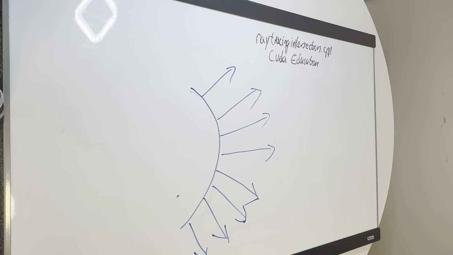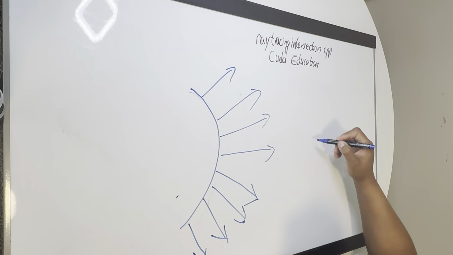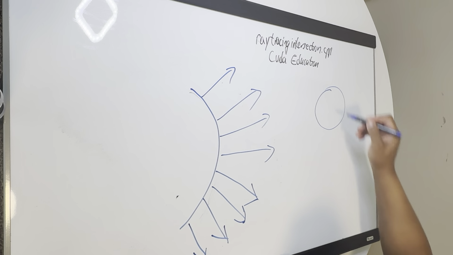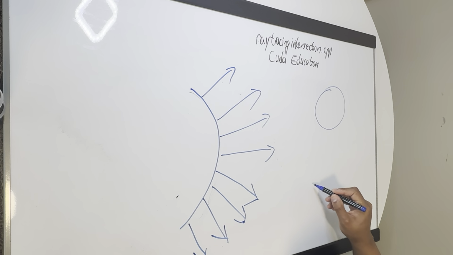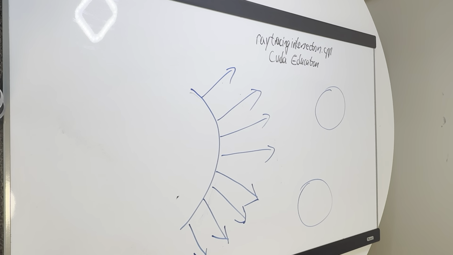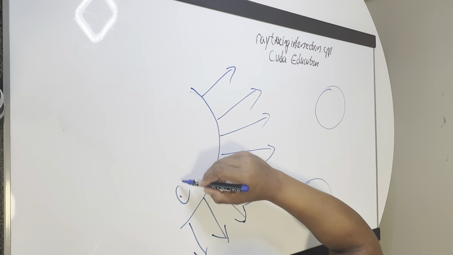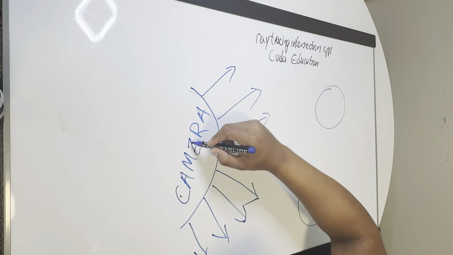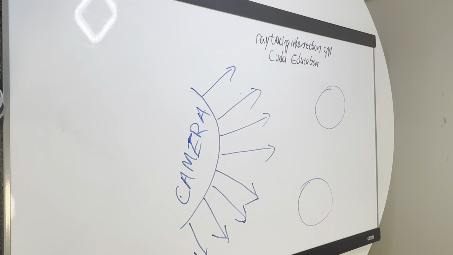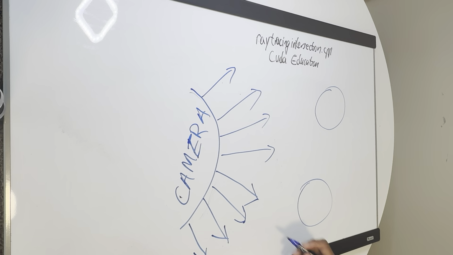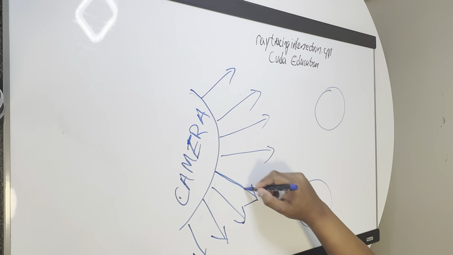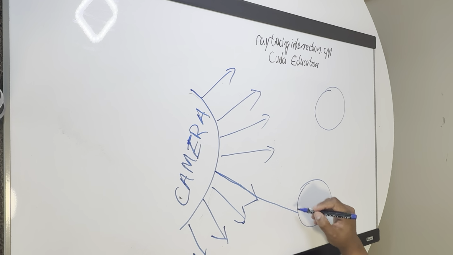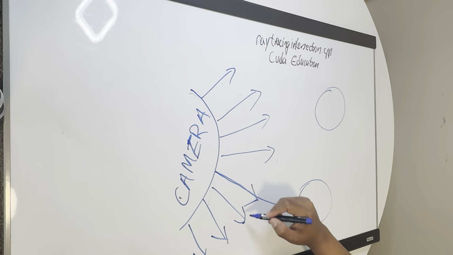We have our camera that's shooting out rays, and we have, let's say, a couple of spheres. So one sphere here and one sphere here. So this is the camera.